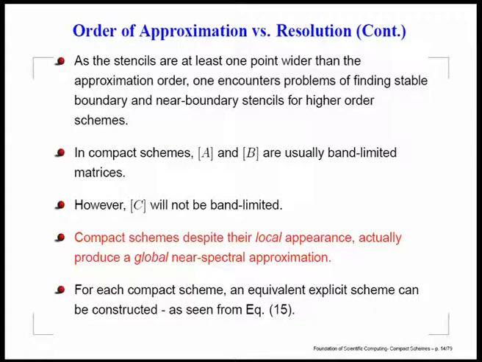There the accuracy is that much, whereas this provides you with a much greater accuracy and much more flexibility in solving problems. So, what we are essentially saying in the last bullet is that if we are looking at any generic compact scheme, we can construct an equivalent explicit scheme. That is the connection between an implicit and an explicit scheme.